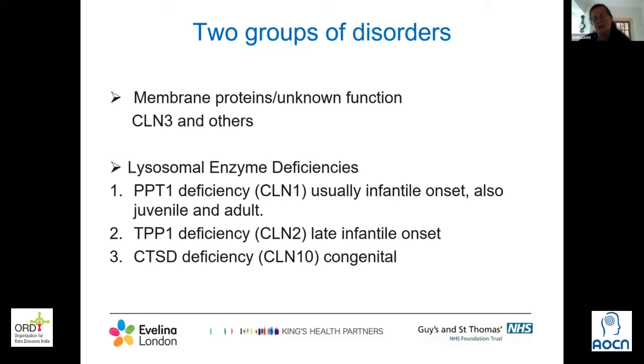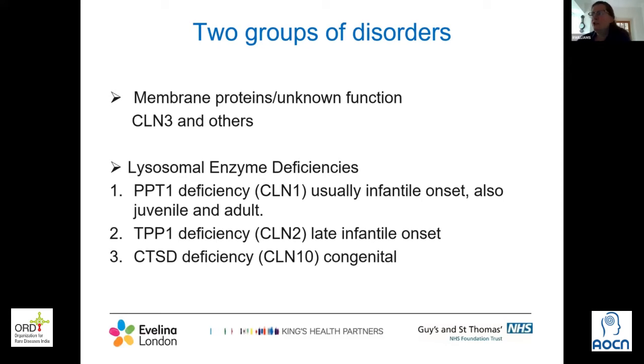And of course, that has implications for the sorts of treatment that might be helpful. But the others are likely to be membrane proteins. And for many, we still don't know the function of the protein, and we don't fully understand the biochemical pathway. So that poses problems when you're thinking about new therapies and delivery of therapies.